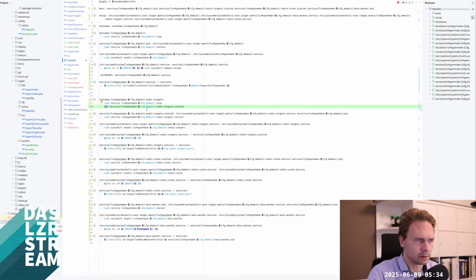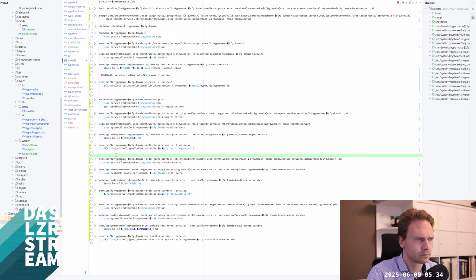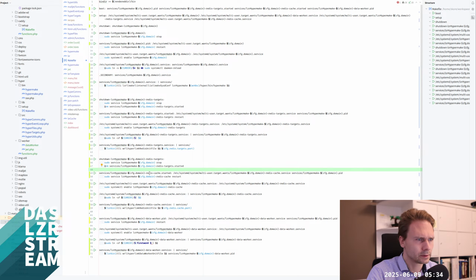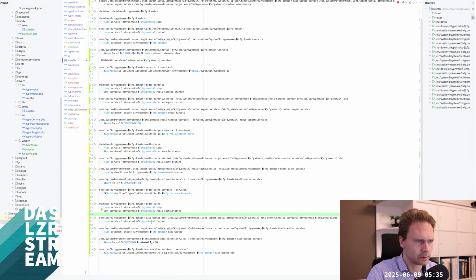Should remove this file if it's there. Same thing for the Redis cache. And the same thing for the data worker.